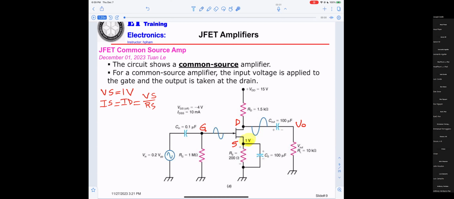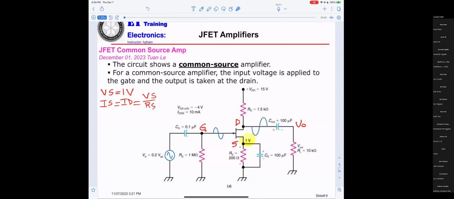My question is, is this capacitor a DC blocking or AC coupling capacitor? This capacitor the same thing, DC blocking, AC coupling. What happened to this capacitor? What's the name? Bypass capacitor.